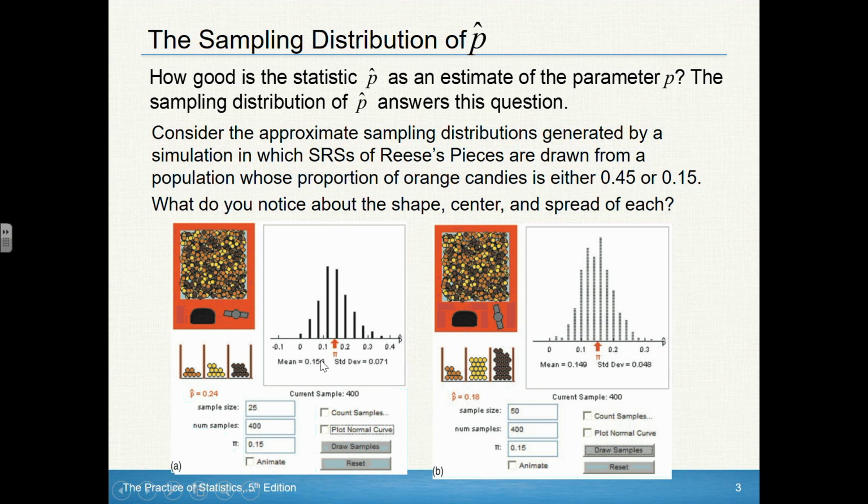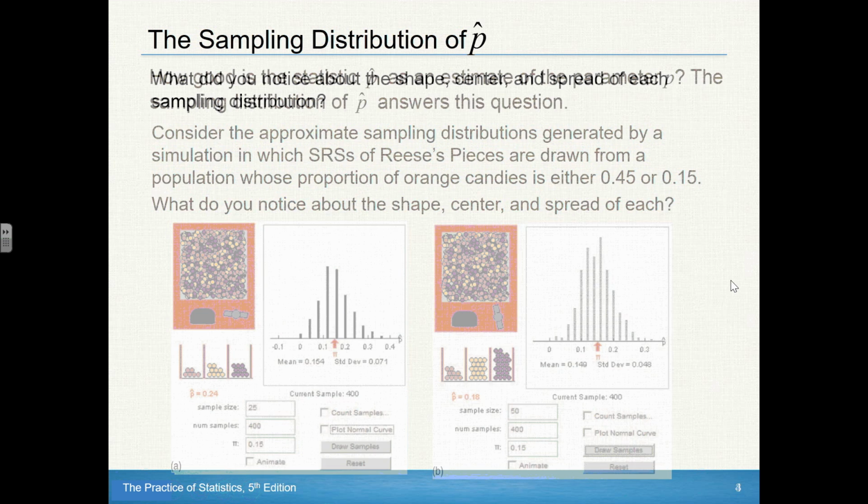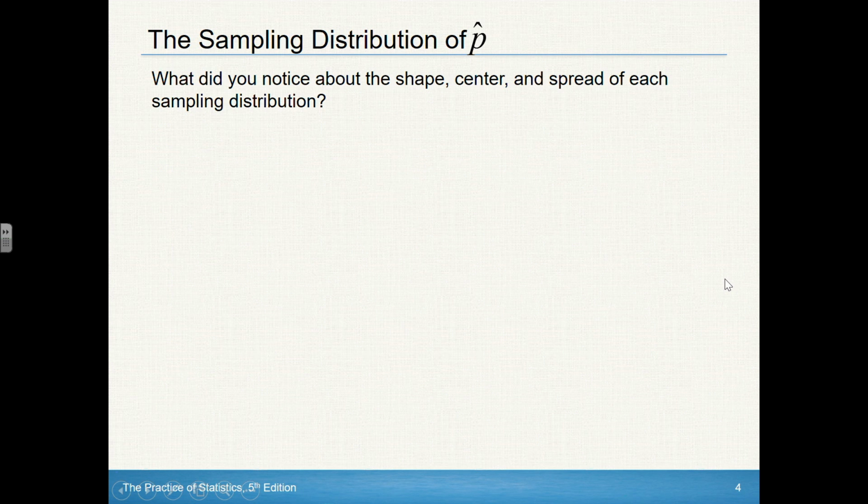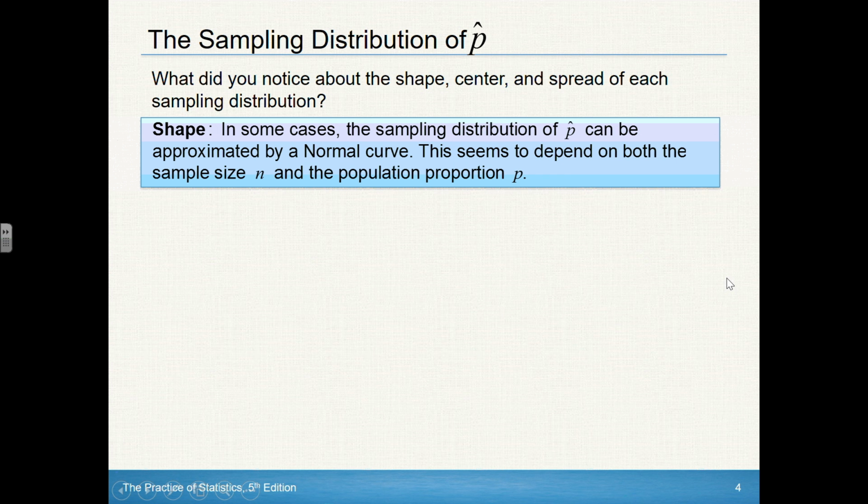When we had a p close to 0.5, the standard deviation was larger than it is here when we have p at 0.15. So standard deviation is larger if you have smaller sample sizes, but it's also larger if your p is closer to 0.5. Obviously, there has to be a reason to go along with that.